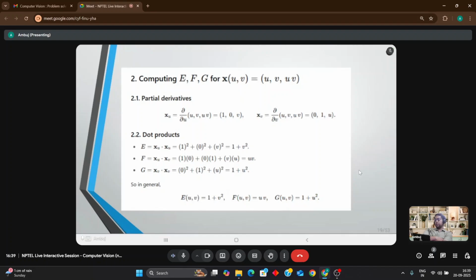And xv is del over del v of (u, v, uv), so del u over del v is 0, del v over del v is 1, del uv over del v is u.